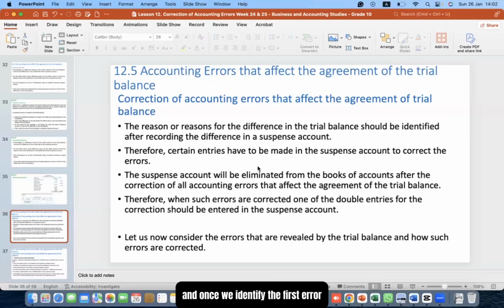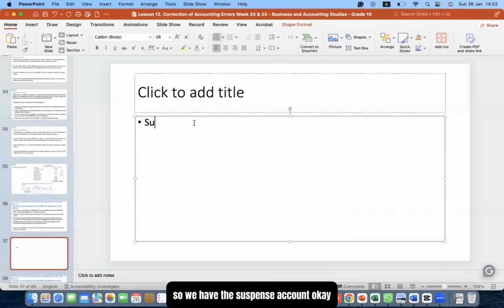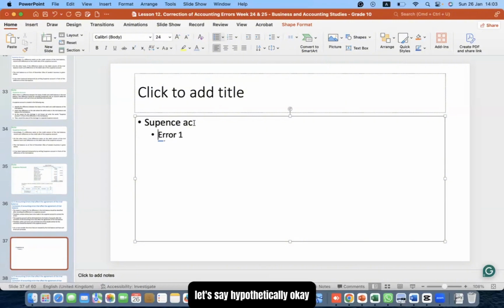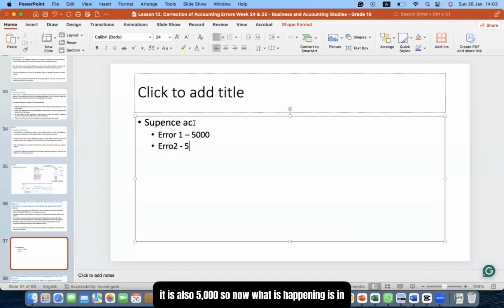Okay. And once we identify the first error, now let's imagine for example, okay, so we have the suspense account, and we have two errors. Okay, error one, let's say hypothetically, error one which is 5,000, and error two which is also 5,000.